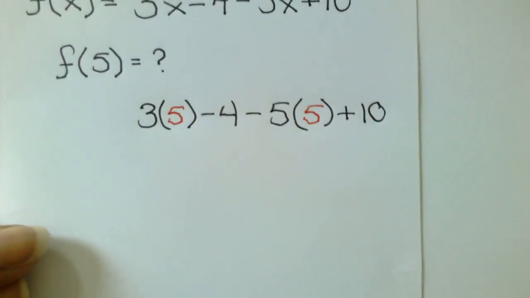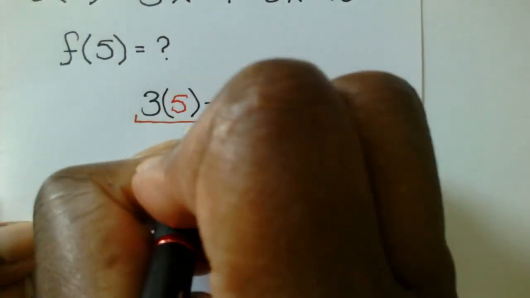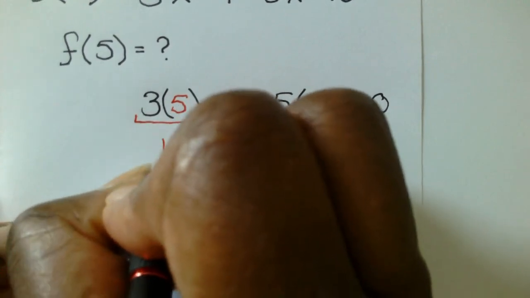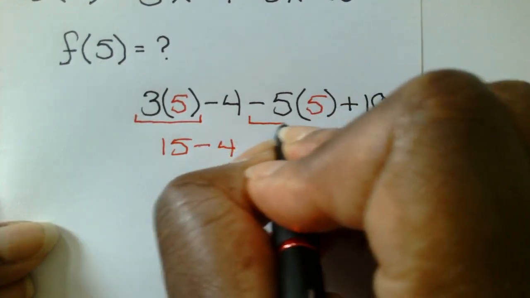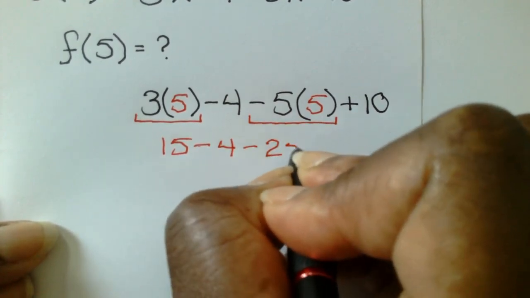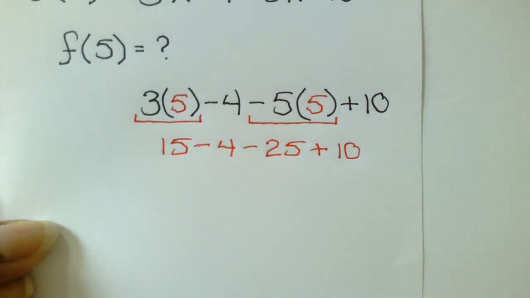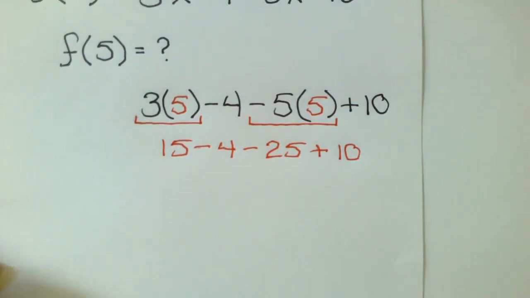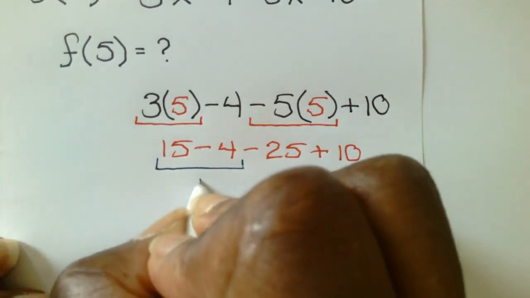This is going to be one way of showing it, and I'll show it the other way in a moment. So now we have 3 times 5, that gives me 15, minus 4. And this negative 5 times 5 gives me negative 25, plus 10. Going from left to right, 15 minus 4 gives us 11.